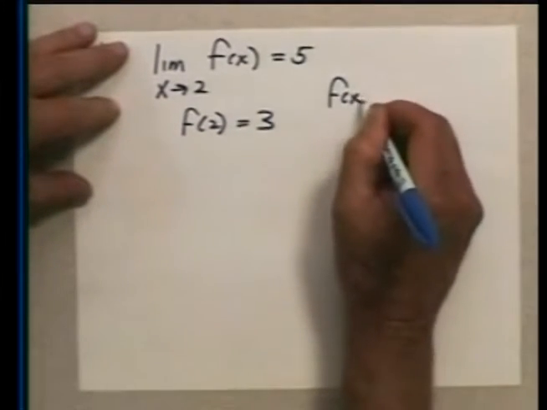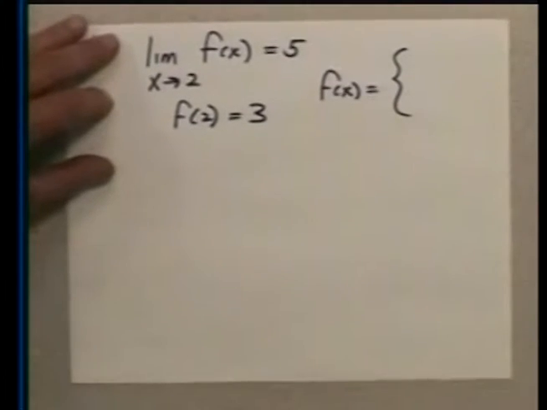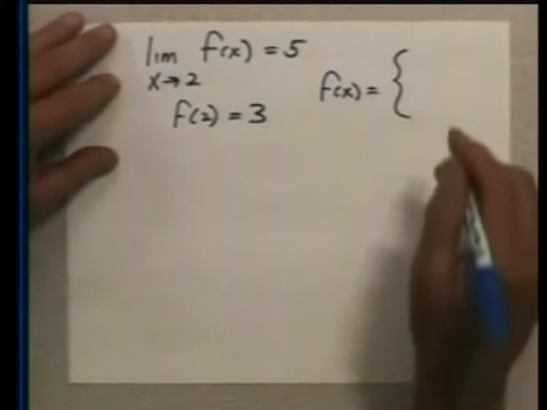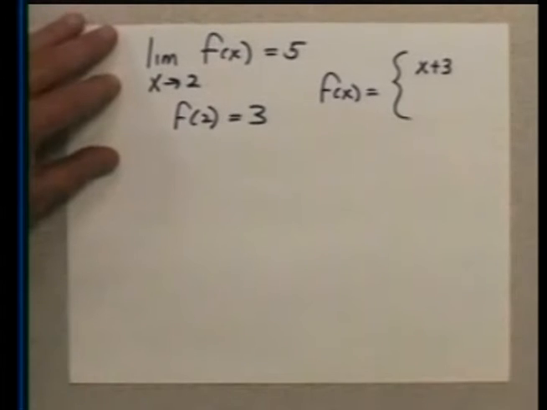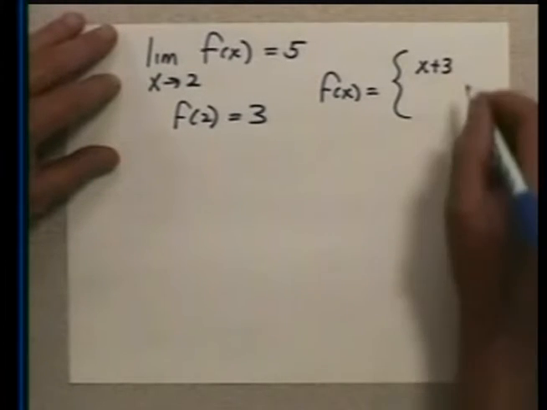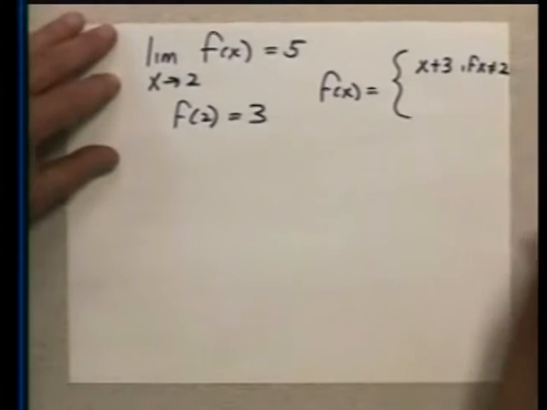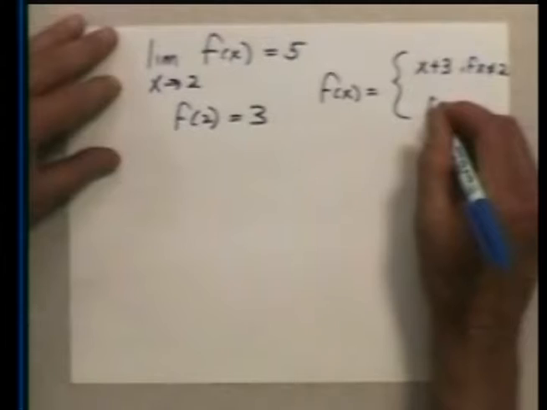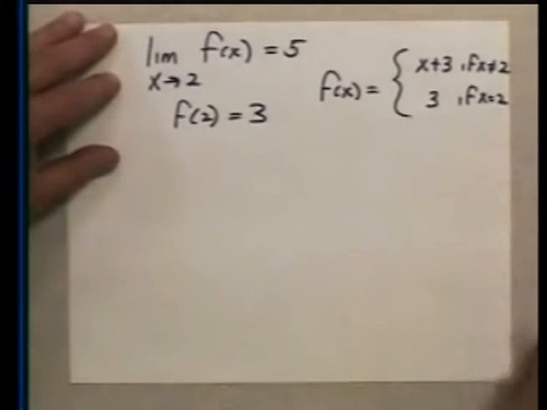So, I could make up a function, for example, that's piecewise, because they're quite popular to show this sort of thing. And I can just say x plus 3 if x is not 2. And I can say the answer is 3 if x equals 2. That piecewise function.